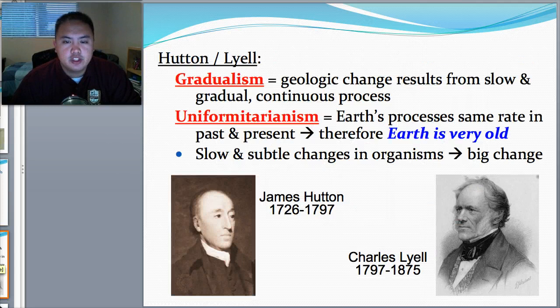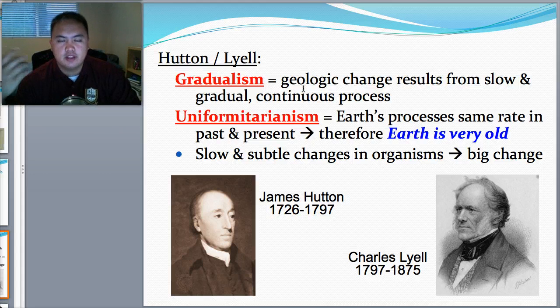Two other people that you need to know, these are also geologists, Hutton and Lyell, each with their own different take on things, and they had two different thoughts that contributed to what we know today. Hutton believed in gradualism, and this has nothing to do with animals.